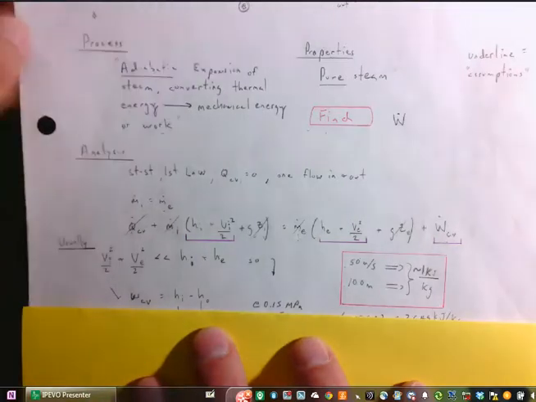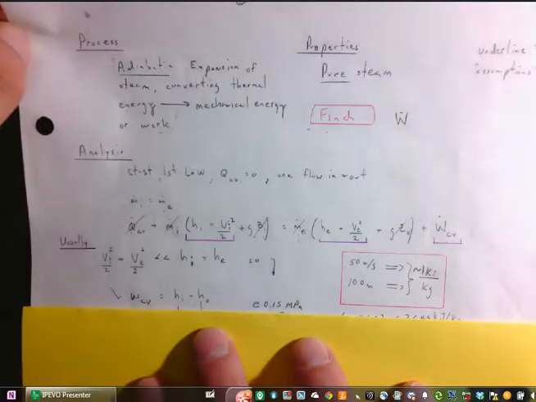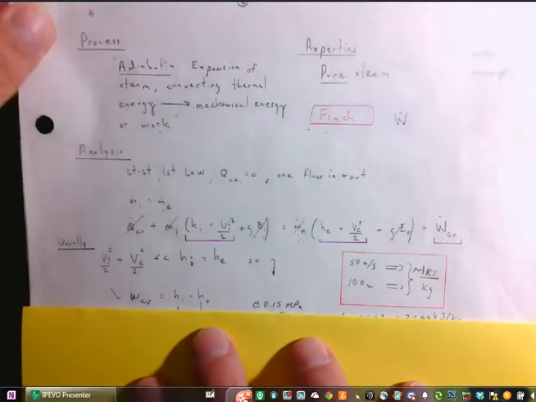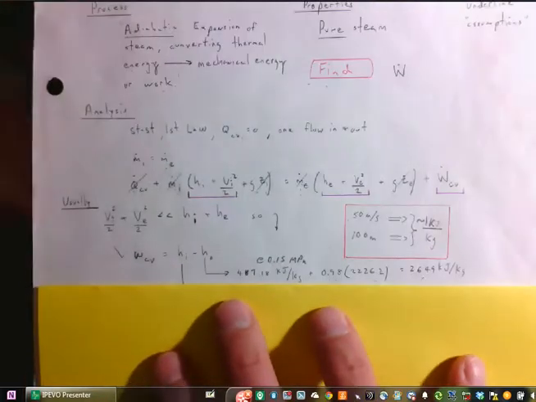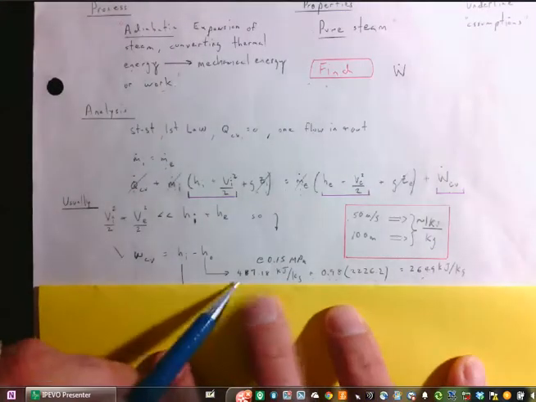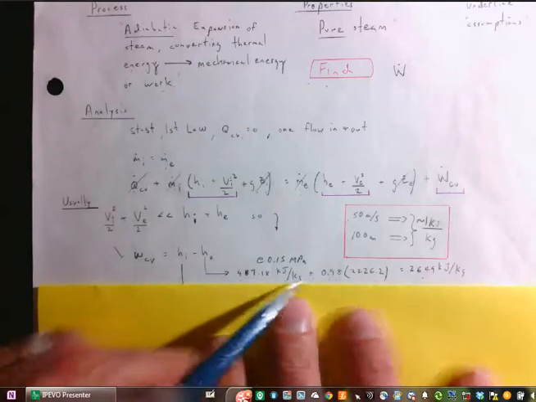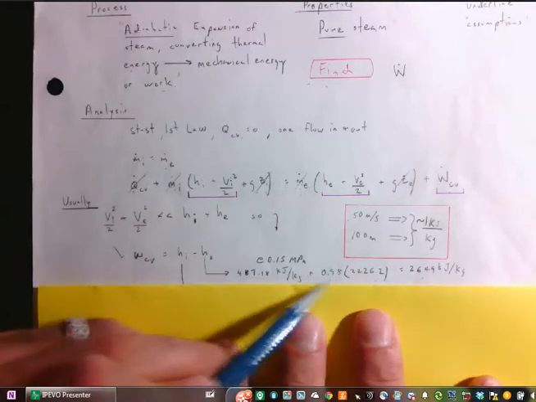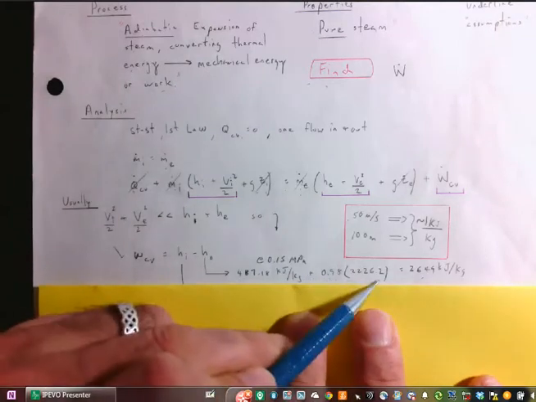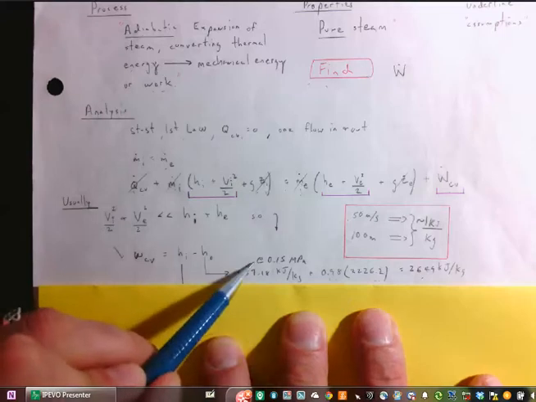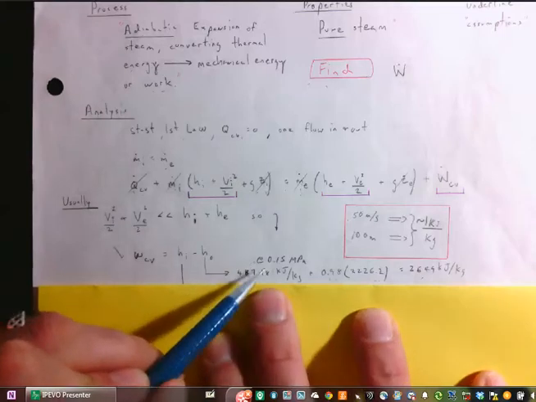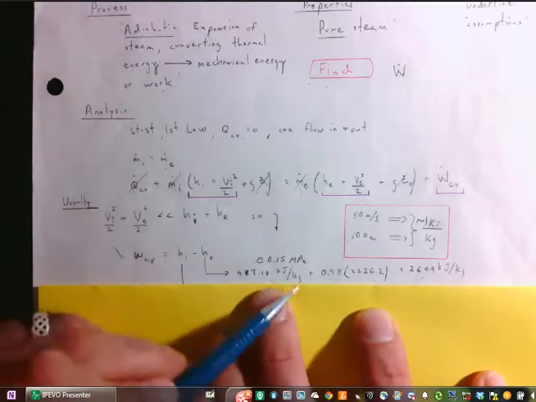Now the challenge, in order to finish up the solution, is to find the values of h's. h_e is essentially h_f plus x, the quality, times h_fg, all evaluated at saturation values of 0.15 megapascal.